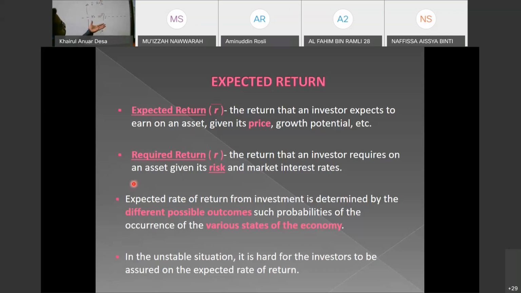Here, when the expected rate of return is 20%, meaning that we accept the investment. But if the expected rate of return is less than 10%, we reject the investment.